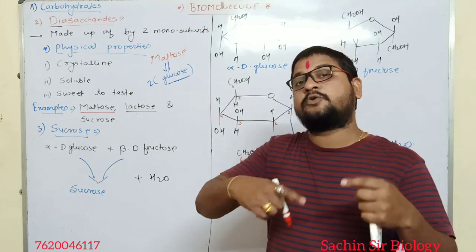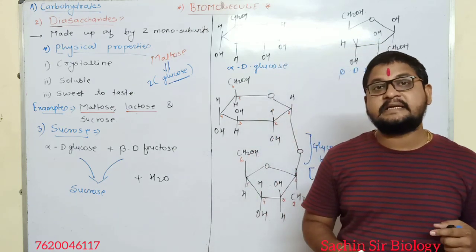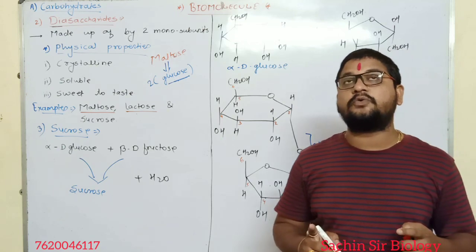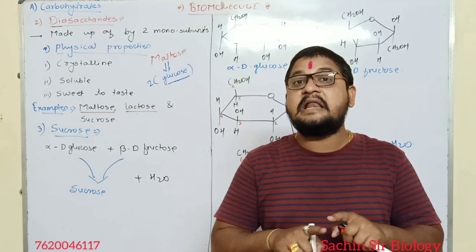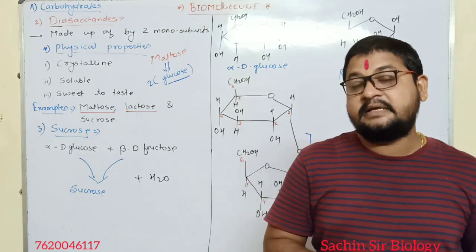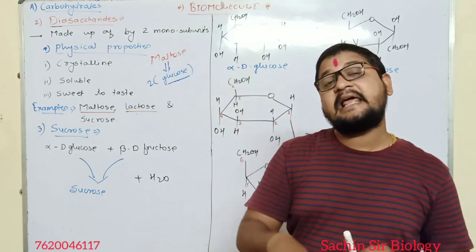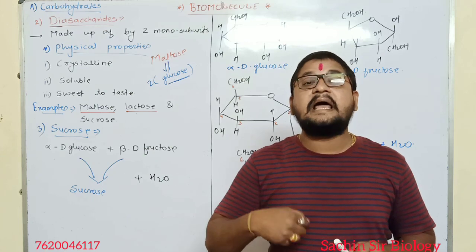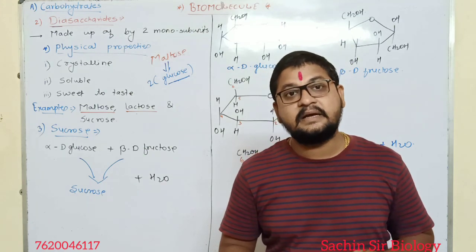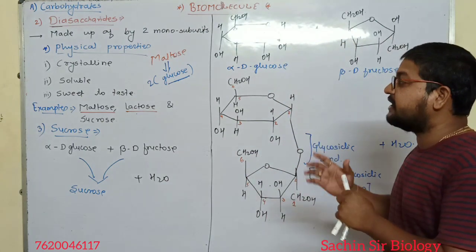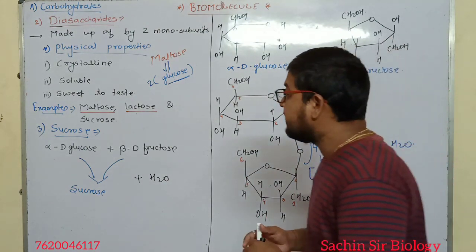How lactose metabolism takes place, I will tell you in one chapter, that is gene, its nature, expression and regulation, the Lac-Operon model. In that model, the detailed explanation of lactose metabolism is there. In this way, this is the biological importance of lactose.